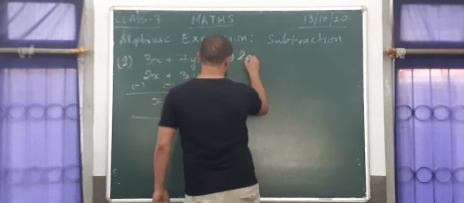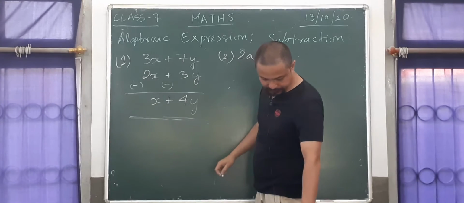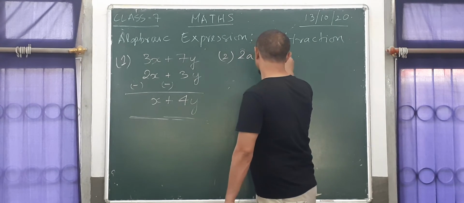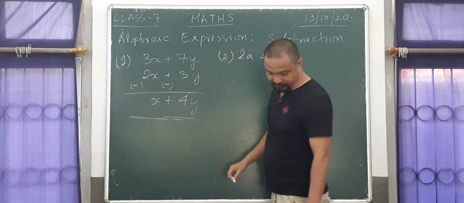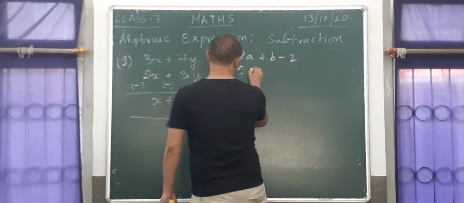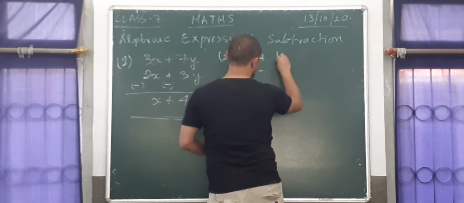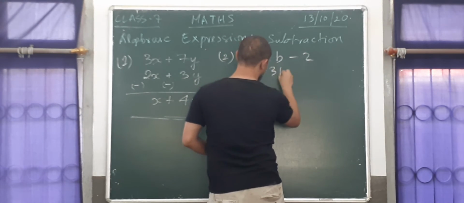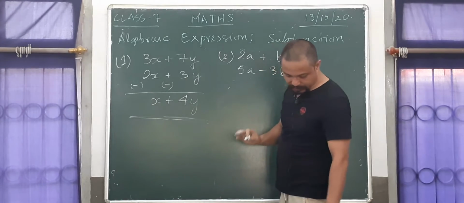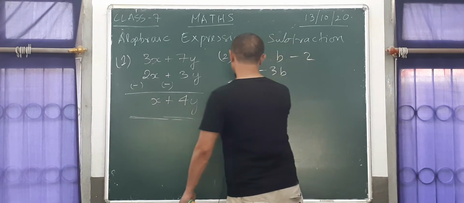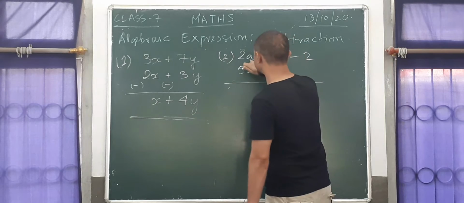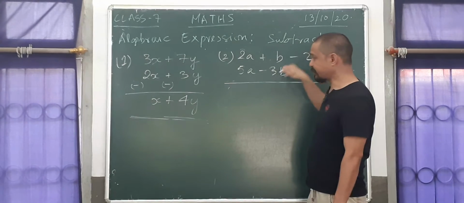So 2a plus b minus 2. From that you have to remove 5a minus 3b.